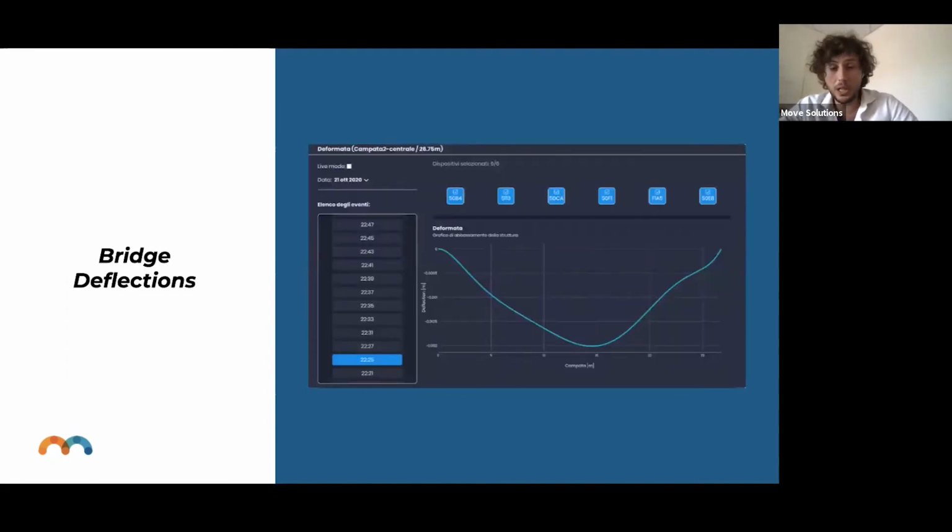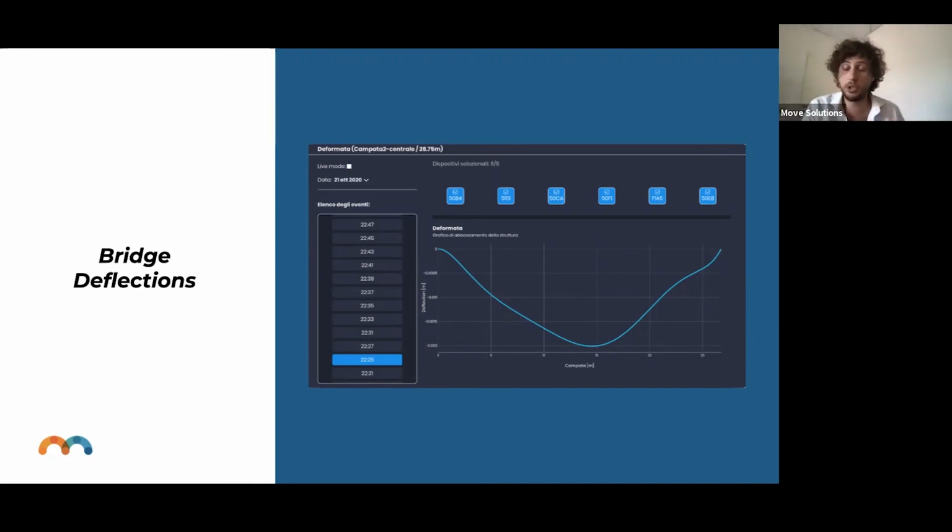Since we are talking about bridges, one tool is the bridge deflection algorithm to perform load tests. So we created a nice algorithm. I will tell you more about it in the application that I'm going to show you now. It lets you capture the deflection that a bridge has during the load test, for example.